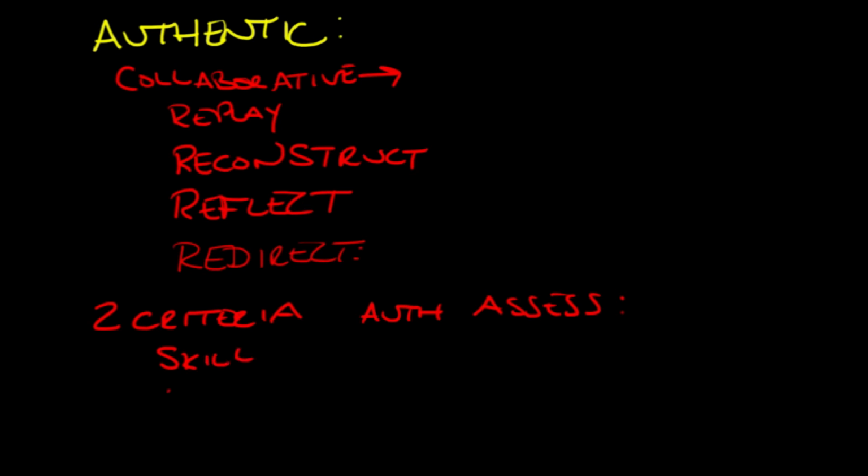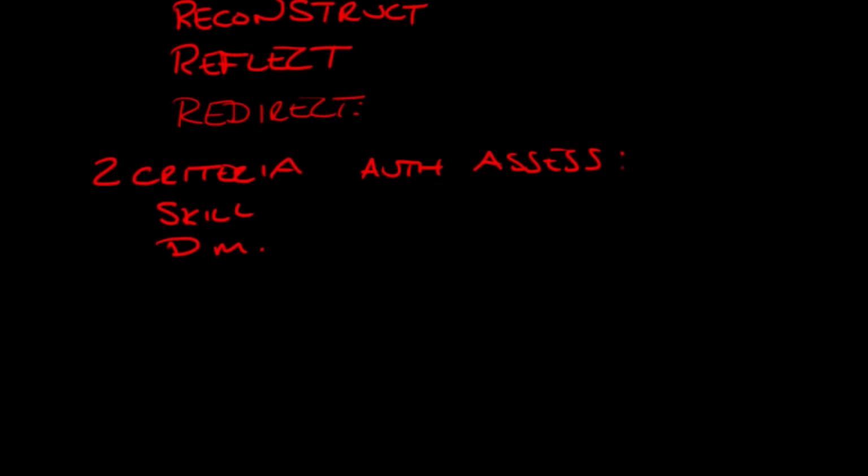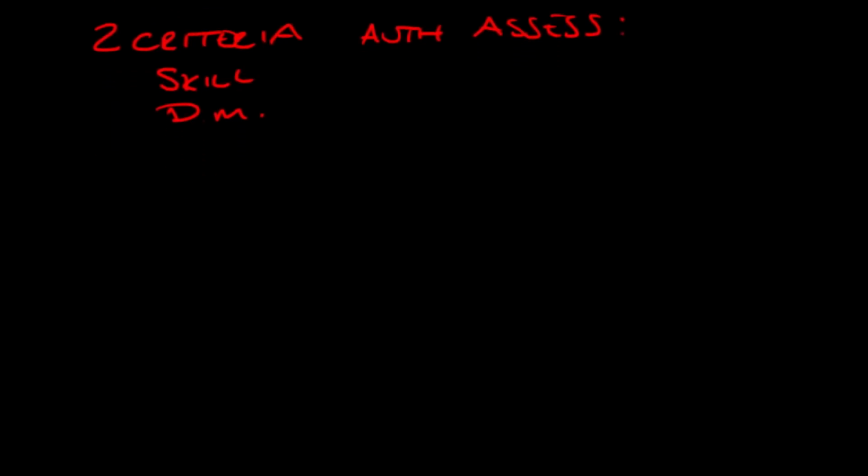Skills, and I'm just going to call it decision making. So, two criteria for an authentic assessment. Well, everything kind of falls into either a skill-based or decision-making criteria in aviation.